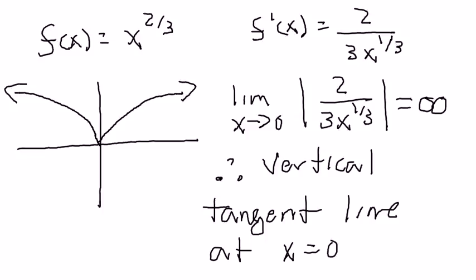A second concept that is related to this is called a cusp. A graph is going to have a cusp, first of all, it has to have a vertical tangent line.